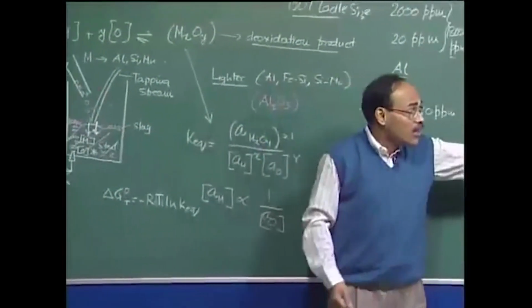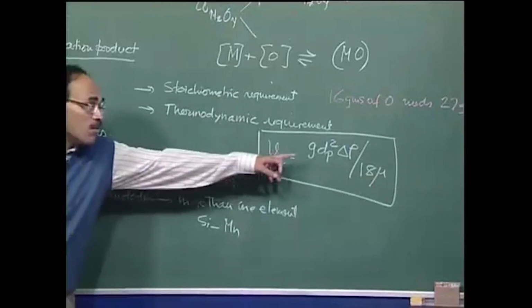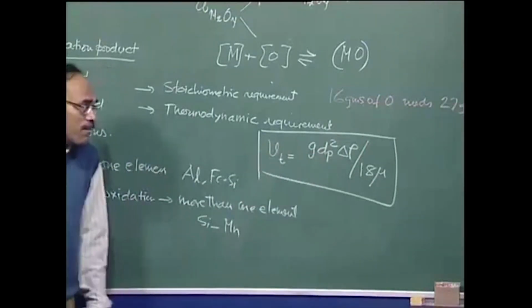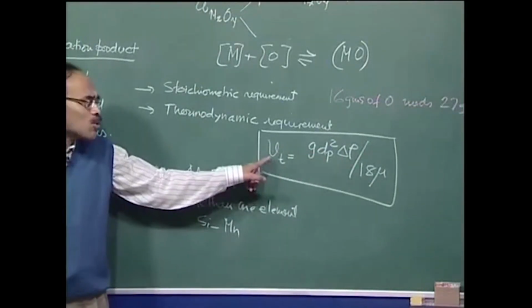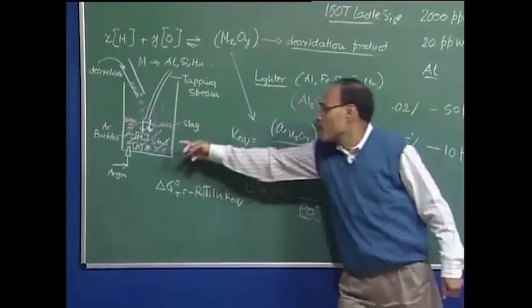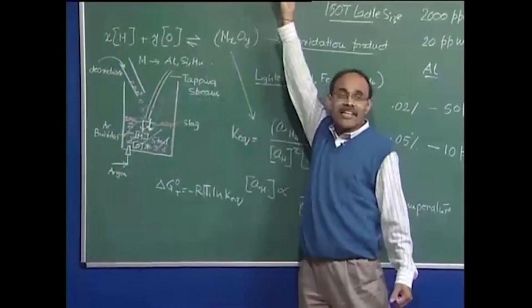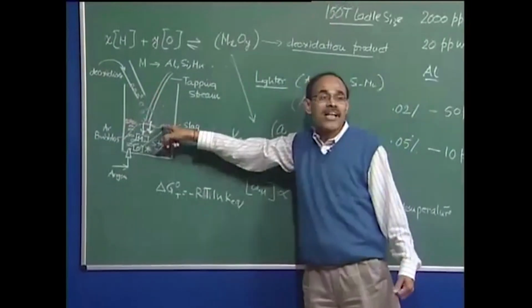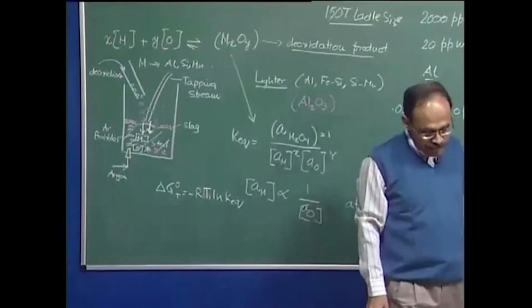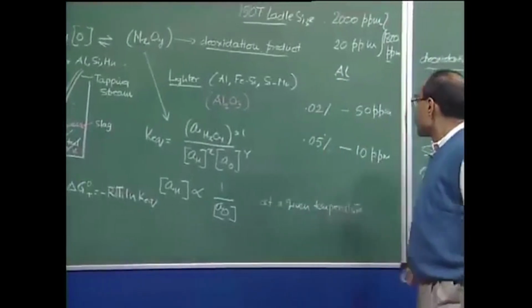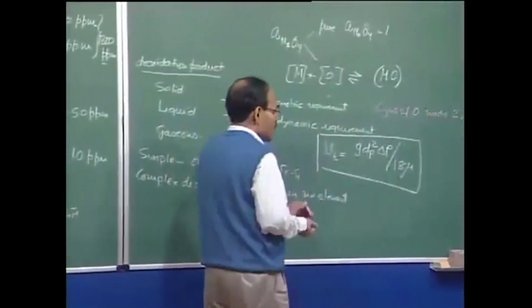On the other hand, if the inclusion size is 200 or 500 microns, for example, their rise velocity is so large that in 1 to 2 minutes they should be able to cover the entire depth of liquid and come up to the slag metal interface, where they can get absorbed.